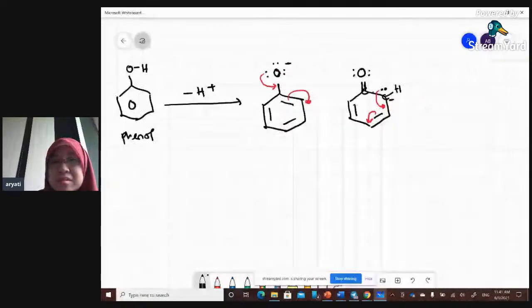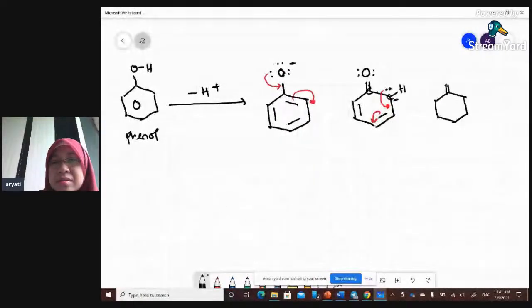So yang ni masih retain. So ini new double bond. So carbon ni ada 1 H, 1, 2, 3. So negative charge tadi pindah dekat sini.